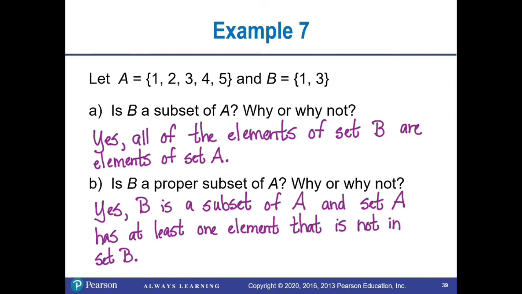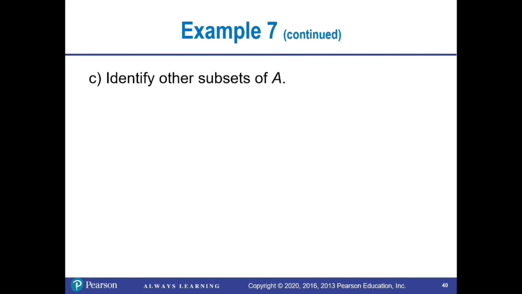How many subsets does a set have? Depends on how many elements a set has to begin with. So how can we find some other subsets? That's what part C asks us to do. Remember, A is the elements 1, 2, 3, 4, and 5.